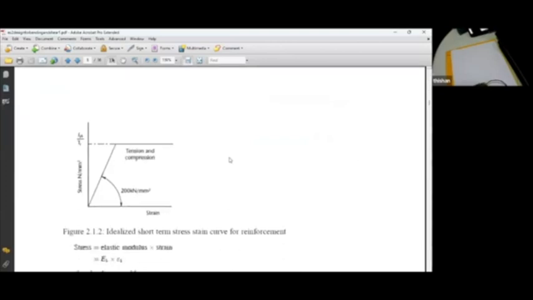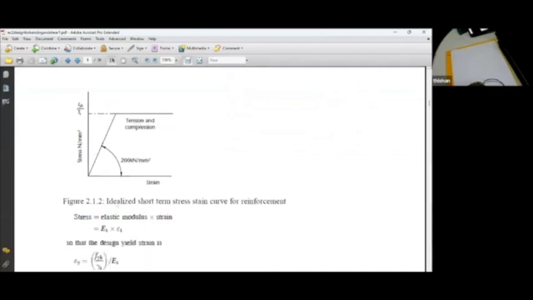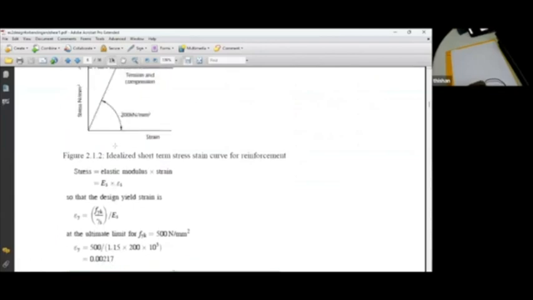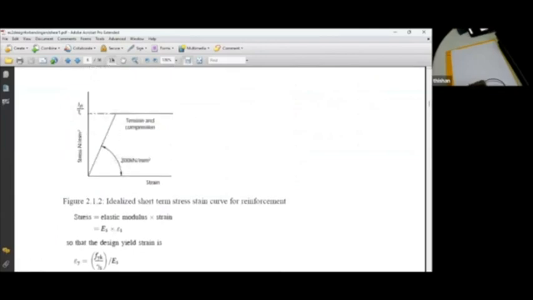And then steel reinforcement also, we have a special situation because we are now not using 460 steel that gave 400 as the strength, or a strain of 0.002. Now we get a strain of 0.00217. In BS code, we got a strain limit of 0.002 because we were using 460 steel having a working stress of 400.